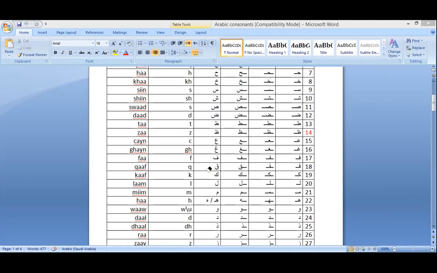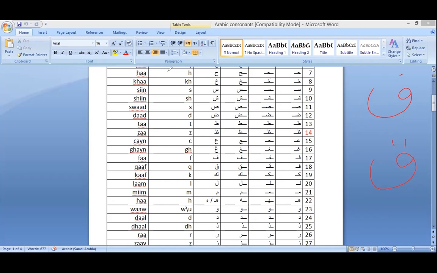And this is Qa. This one is Fa, and this one is Qa.